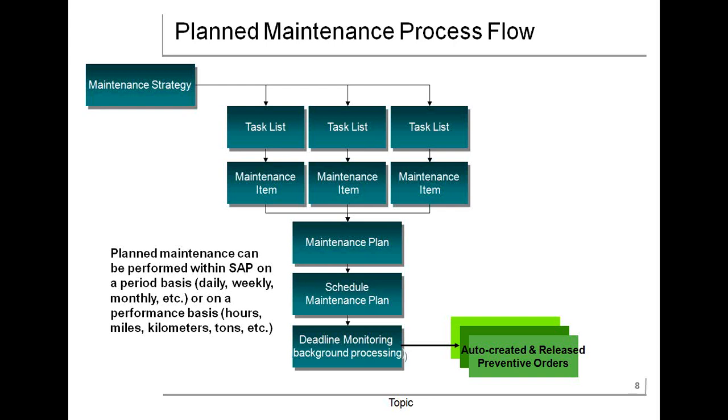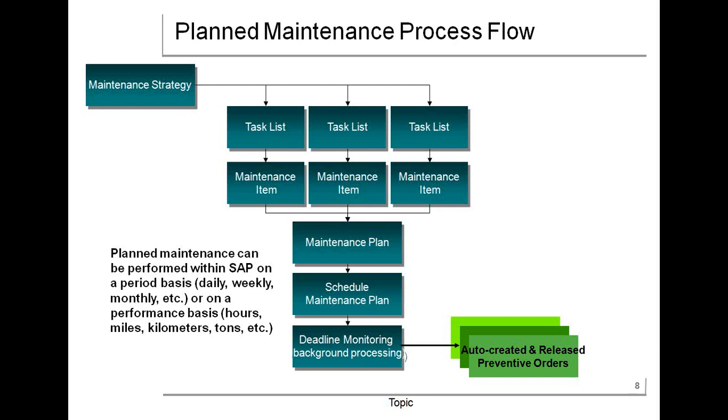Let us say on the 30th you are planning a work order to be generated, and on the 30th you are planning a task to be executed. The work order will be generated by a process called deadline monitoring. That is a background process, running automatically as an SAP job. When January 30th arrives, the system will automatically generate a work order based on the schedule, because it looks at the schedule to see whether any plan date is available.